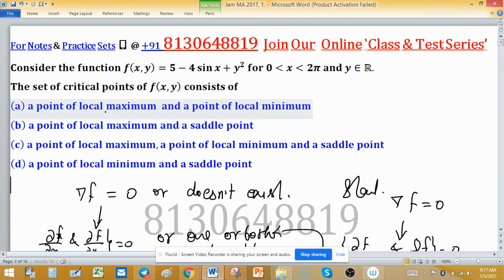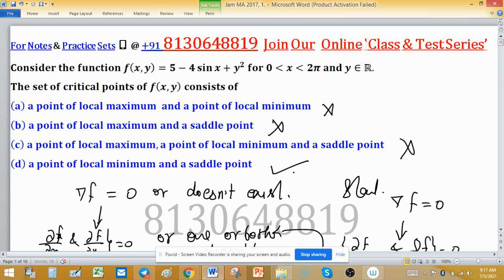The first option says local maximum, so this option is discarded. The second option, also local maximum, is discarded. Option C, local maxima, minima and saddle point, is also discarded because of local maxima. We have only two natures, minimum and saddle.